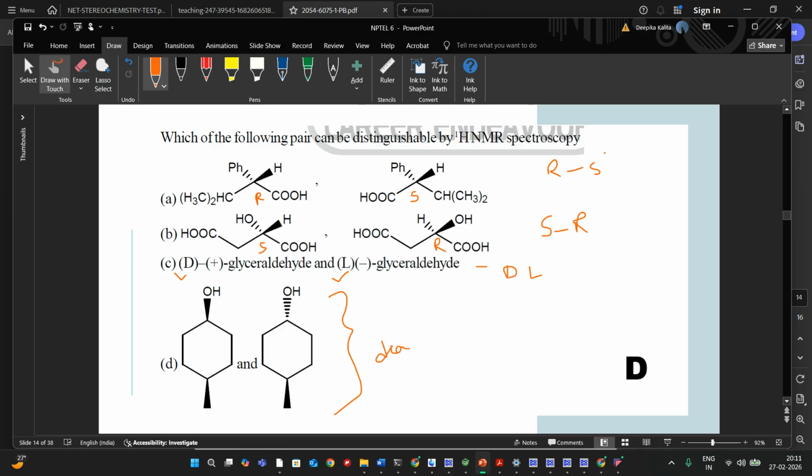And you must know that enantiomers cannot be distinguished using 1H NMR spectroscopy. So, as the first three pairs are enantiomeric pairs, these three pairs will not be distinguished by 1H NMR, but the last one will be distinguished using 1H NMR spectroscopy.